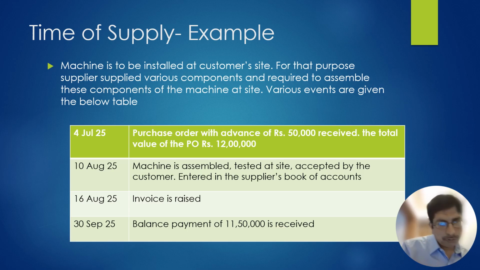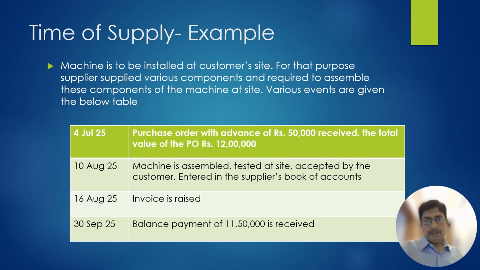On 4th July, the purchase order for rupees 12 lakh is received, along with 50,000 rupees advance. On 10th August, the machine is assembled, tested, accepted by the customer. On 16th August, the supplier raised the invoice. On 30th September, the balance amount of 11,50,000 is received.